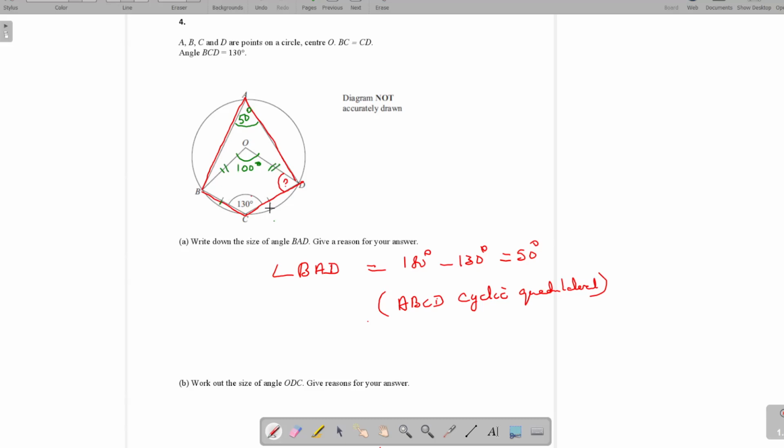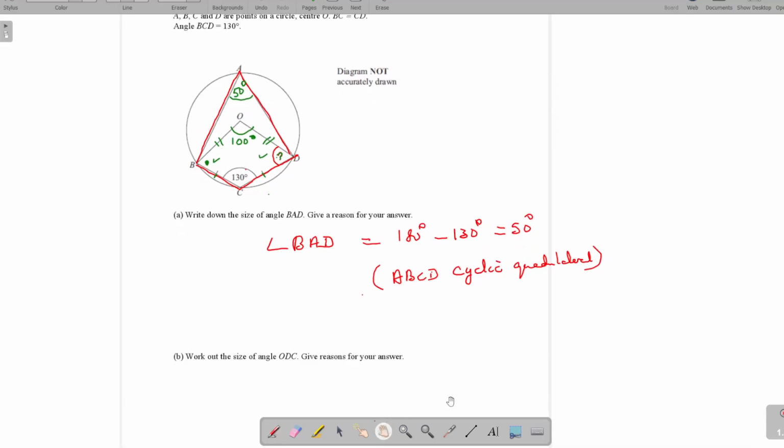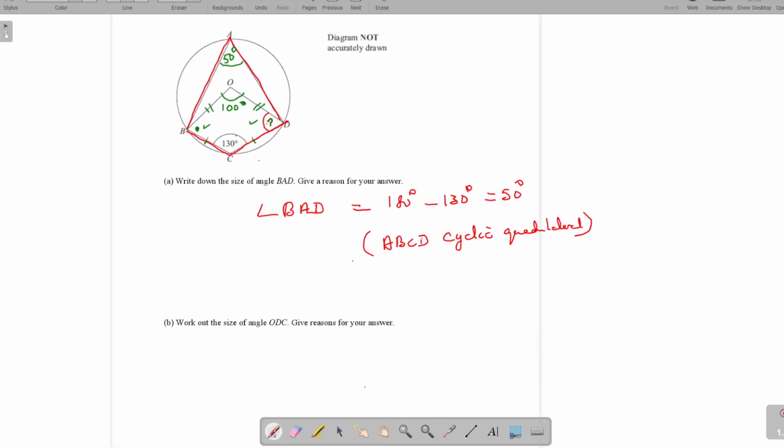Now if you take BODC, we know this is equal to this because it's radius. We know this is this. Therefore, this angle is equal to this angle. So we can find that because the quadrilateral is 360. So let's look at that. First thing we need to say is angle BOD is 2 times 50, which is 100.